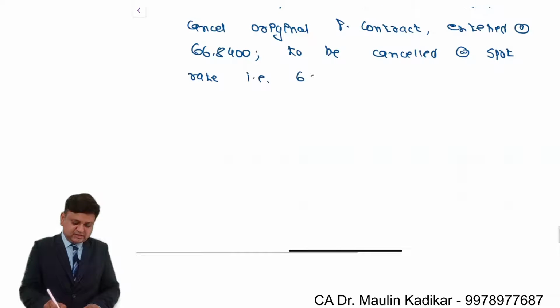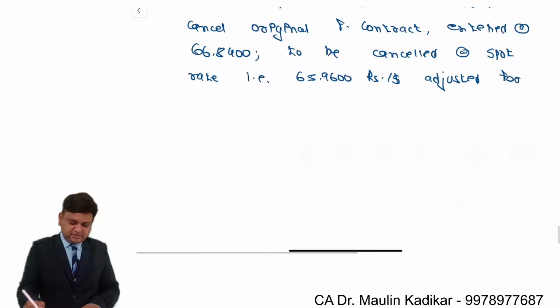That is 65.96 rupees per dollar adjusted for margin.